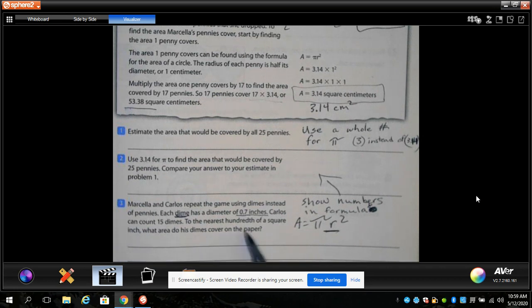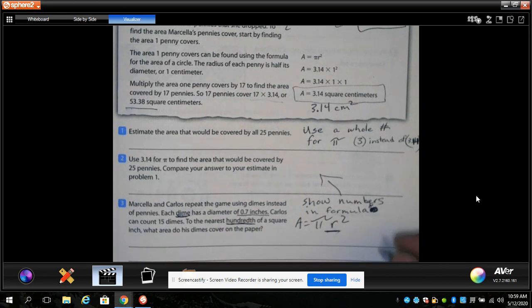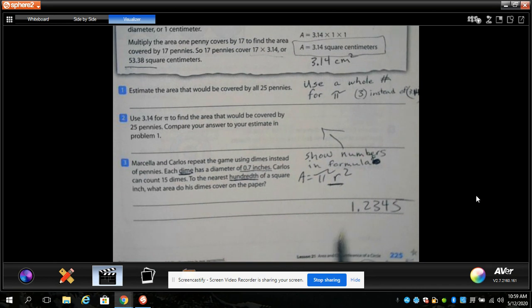So to the nearest hundredth of a square inch. Here you need to round to the nearest hundredth. So let's see, if I do 1.2345, and yeah, that is on there. Okay, so ones place, tenths, hundredths, thousandths, ten-thousandths.